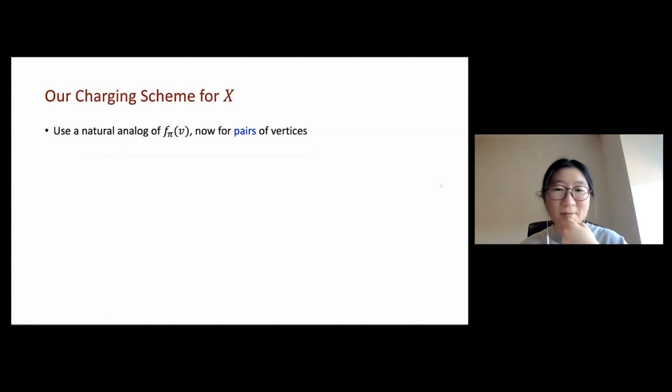And for our purposes, we need to use an analog of this function f_pi(v).